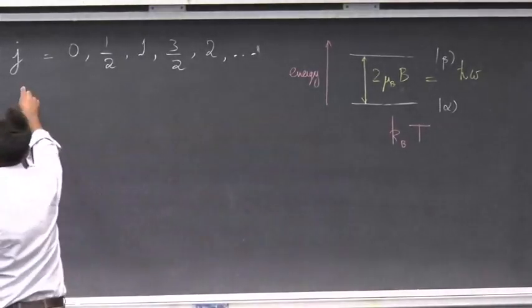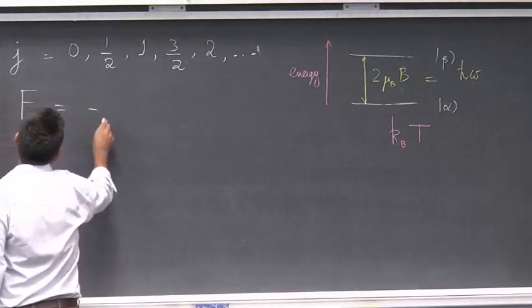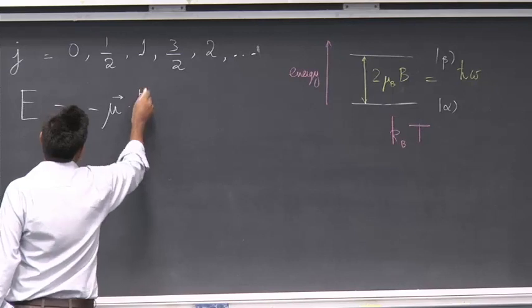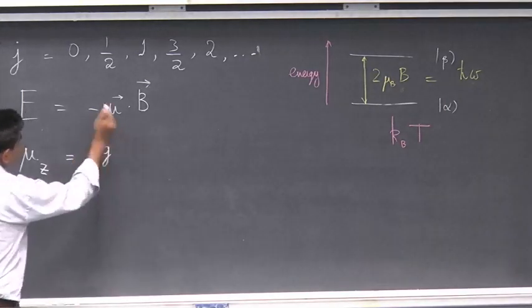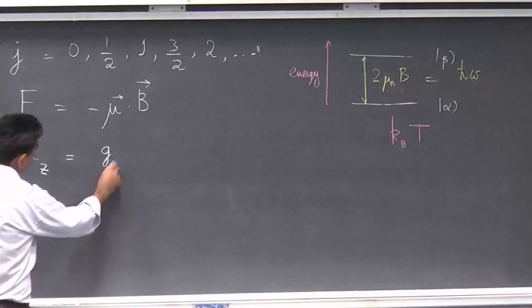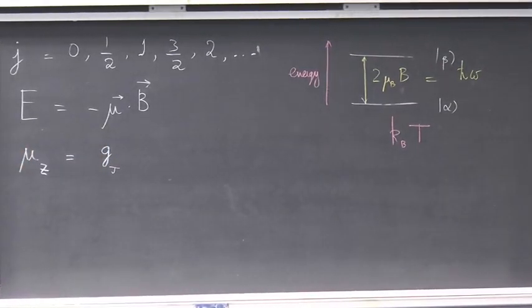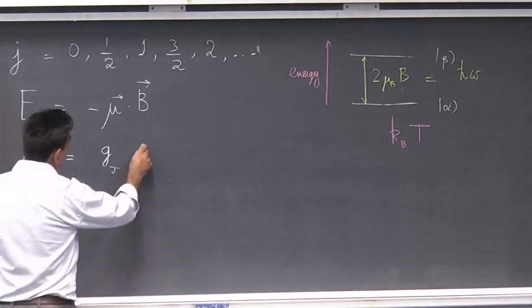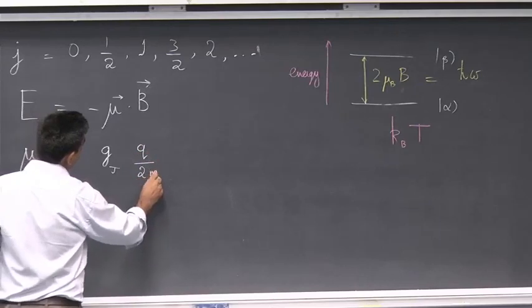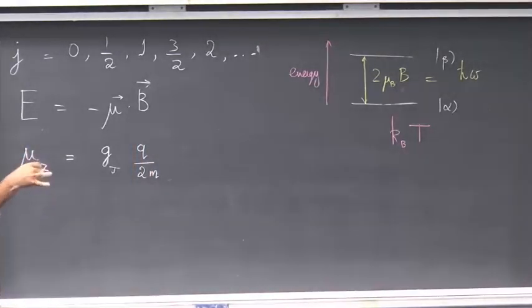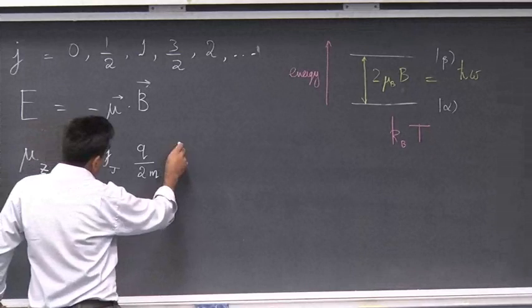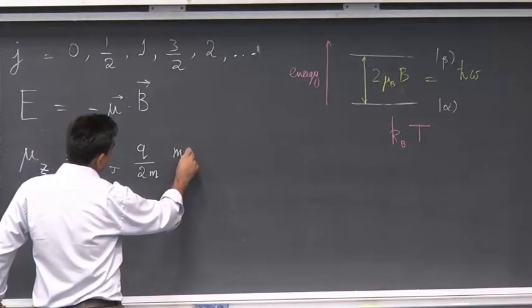Now the energy of such a system is again given by minus mu dotted with B. Now likewise, the Z component of the magnetic moment is given by some G factor, and I put a small j with this, which means I am talking about some spin J, times q over 2m, times S of Z, and now I talk about J of Z. Now J of Z is quantized in terms of mj h bar.